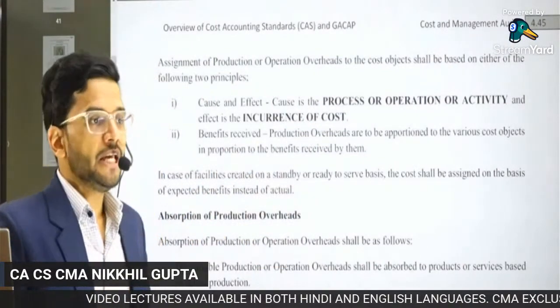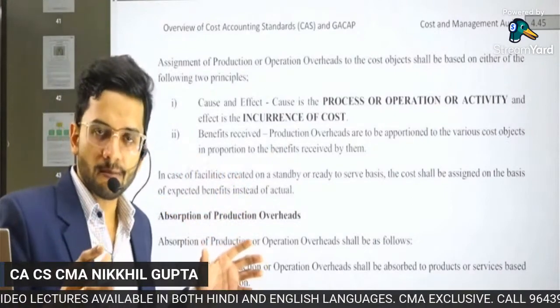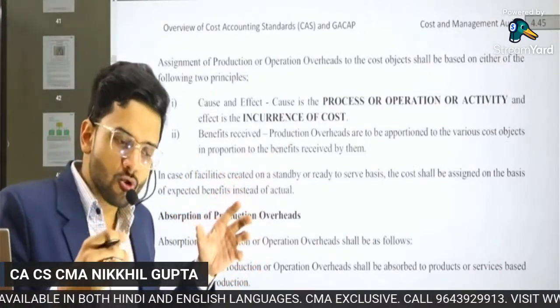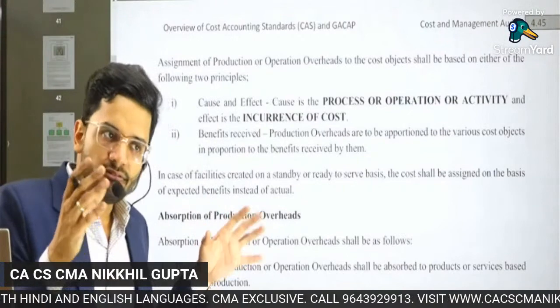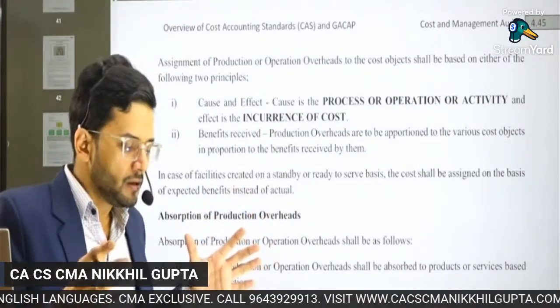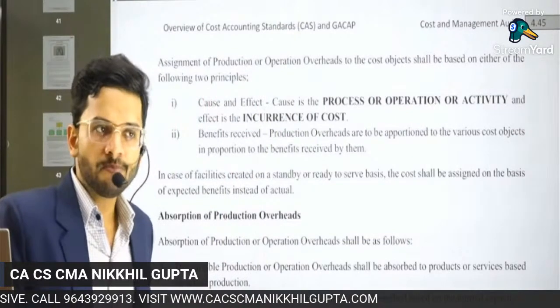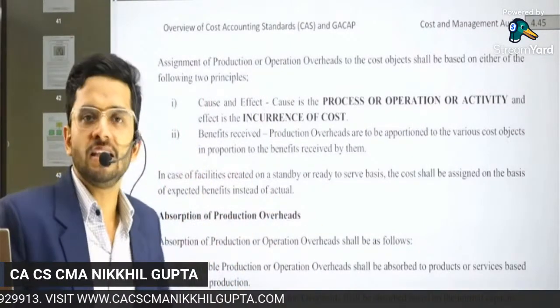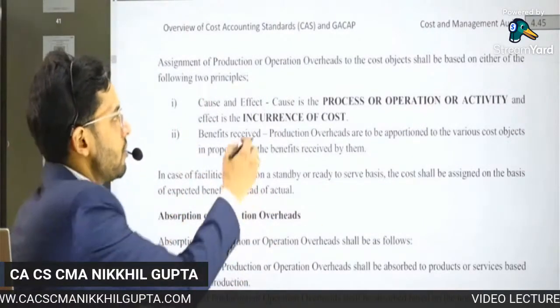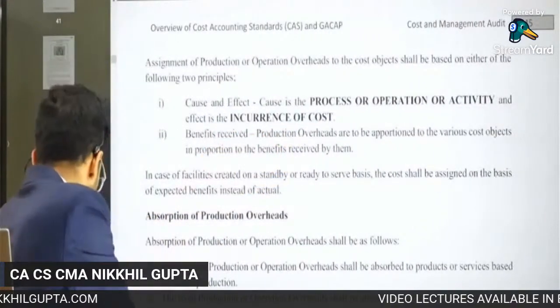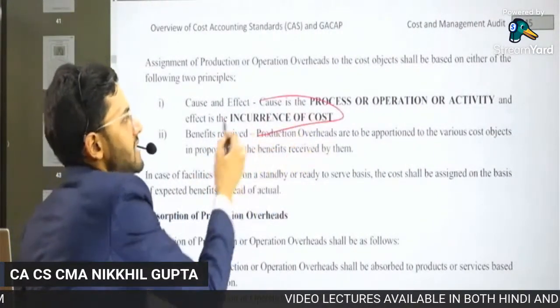So suppose oil has come into our factory. 5 kgs oil has come. 3 kgs have been consumed by production cost center A, 1 kg by B, 1 kg by C. So the cost will be allocated according to the consumption, the incurrence of cost.